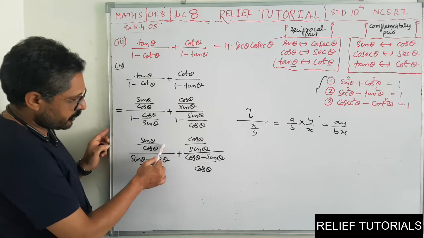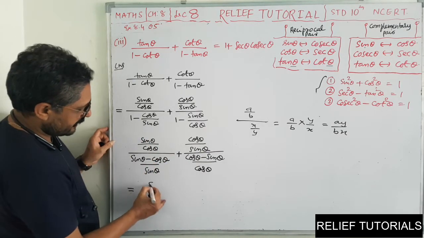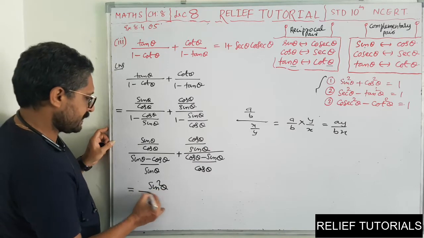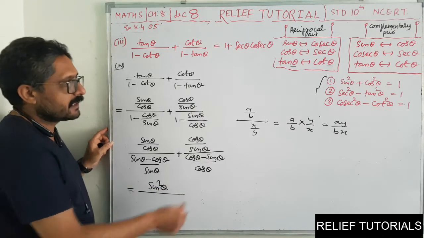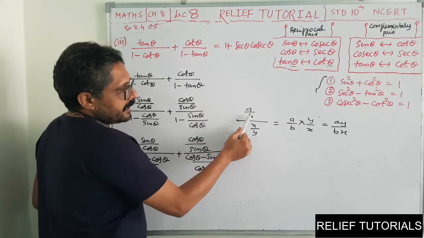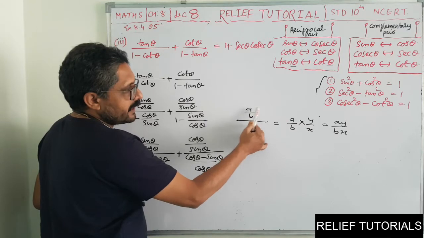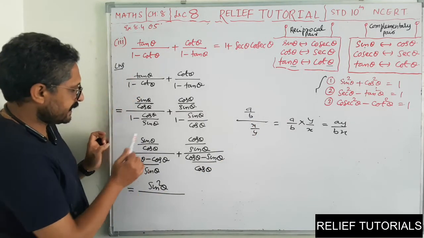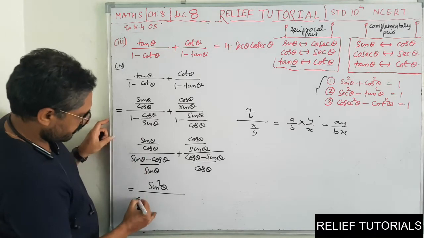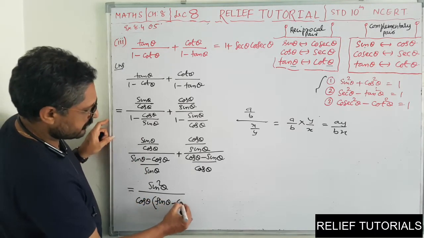If you write the reciprocal here, this will get the reciprocal. So sin theta into sin theta. So what I will write here? Sin square theta upon. In order to avoid this step, I am writing this. Got it or not? See, if you have A upon B, you do the reciprocal. So Y upon X. So A into Y, AY upon B into X, BX. So sin theta into sin theta, sin square theta. Then cos theta into sin theta minus cos theta.